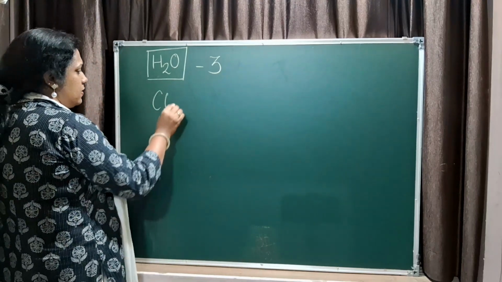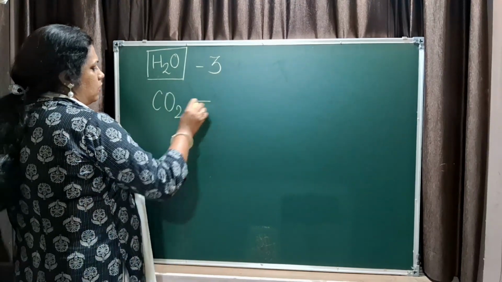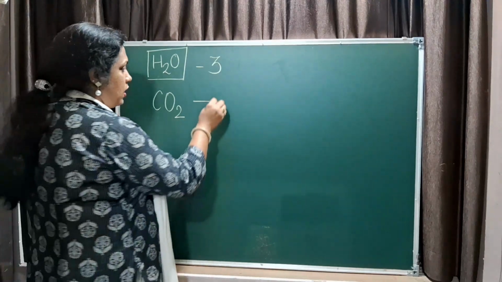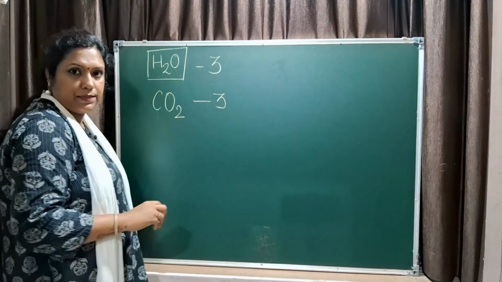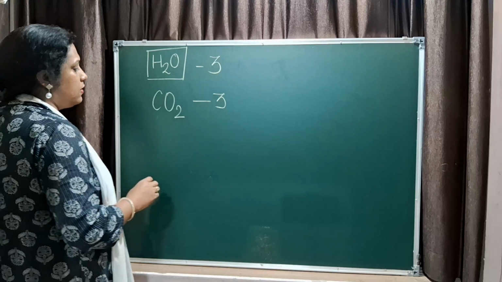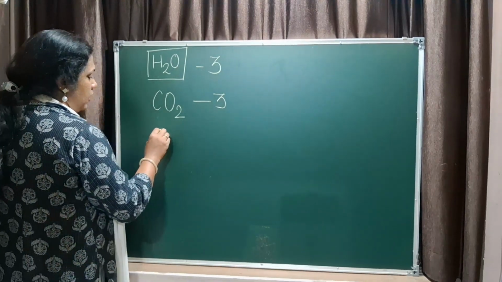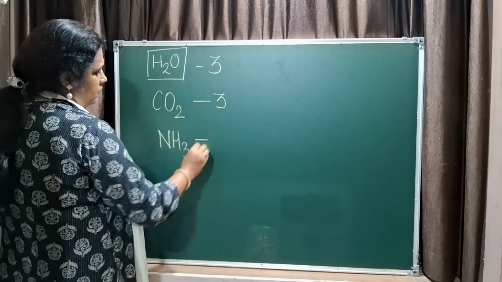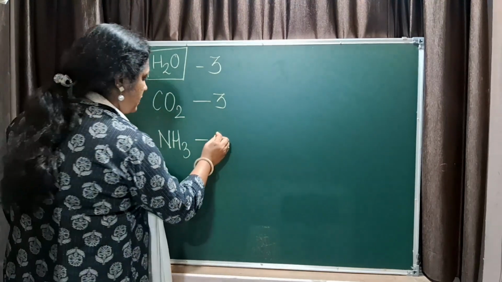Carbon dioxide: 1 atom of carbon and 2 atoms of oxygen. Atomicity is 3. Correct? Next one, let us have ammonia. Write the answer in the comment section.